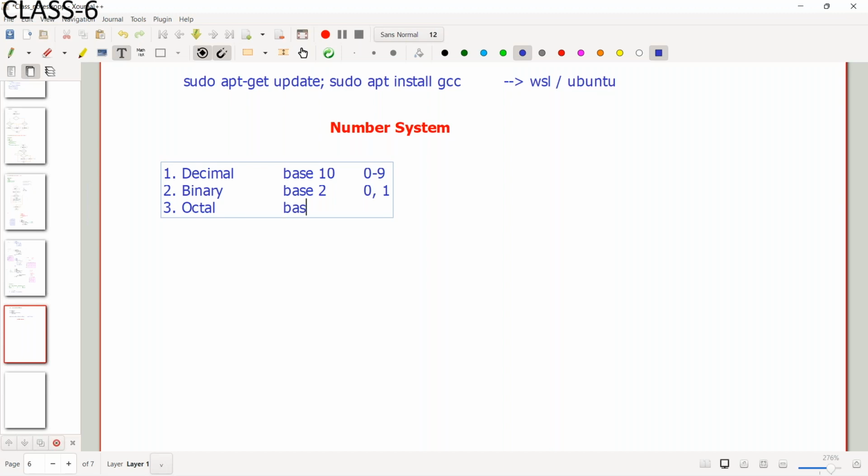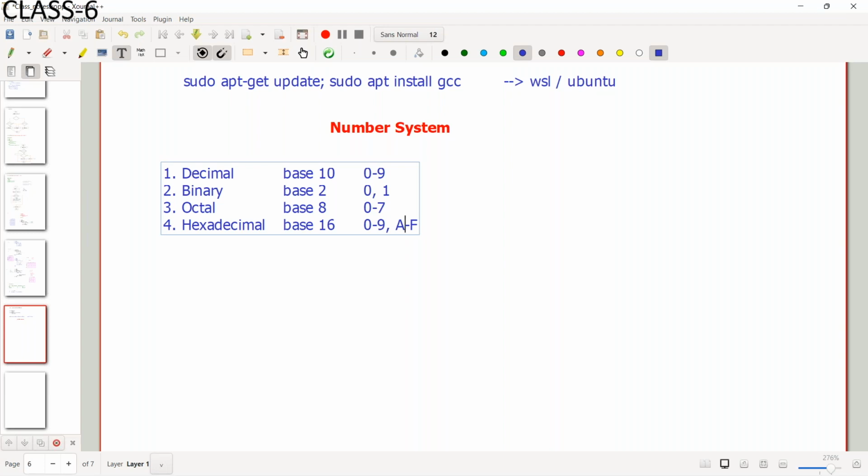The base is 8, which means we use the digits 0 to 7 to represent any octal value. The last one is hexadecimal. The base is 16, and there we use the digits 0 to 9 as well as the characters A to F.